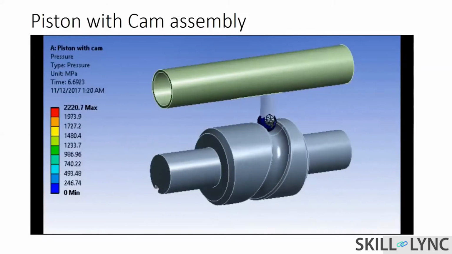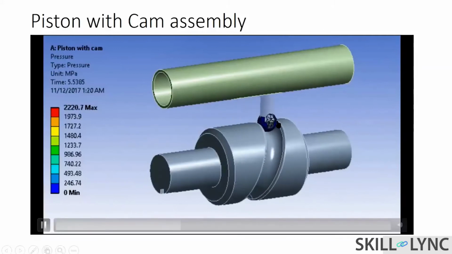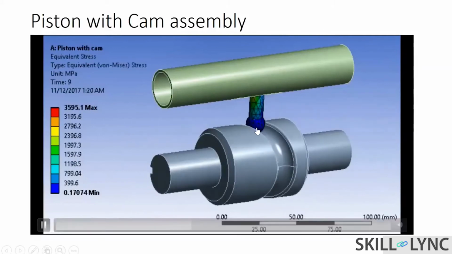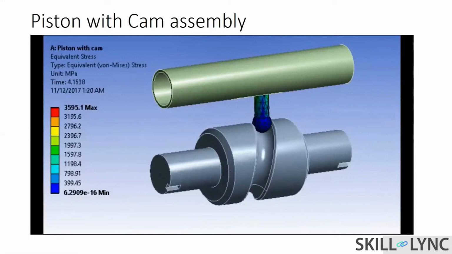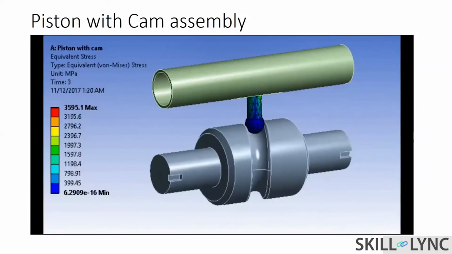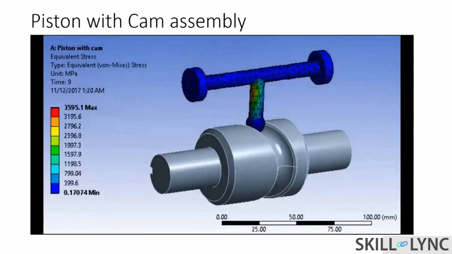So ANSYS has an option called contact tool. Wherever there's a region of contact, you can specifically look at that region to understand what is the pressure or the load which is developed. So that is one good option we have in ANSYS Workbench, and we'll be doing all these types of simulations in our classes.